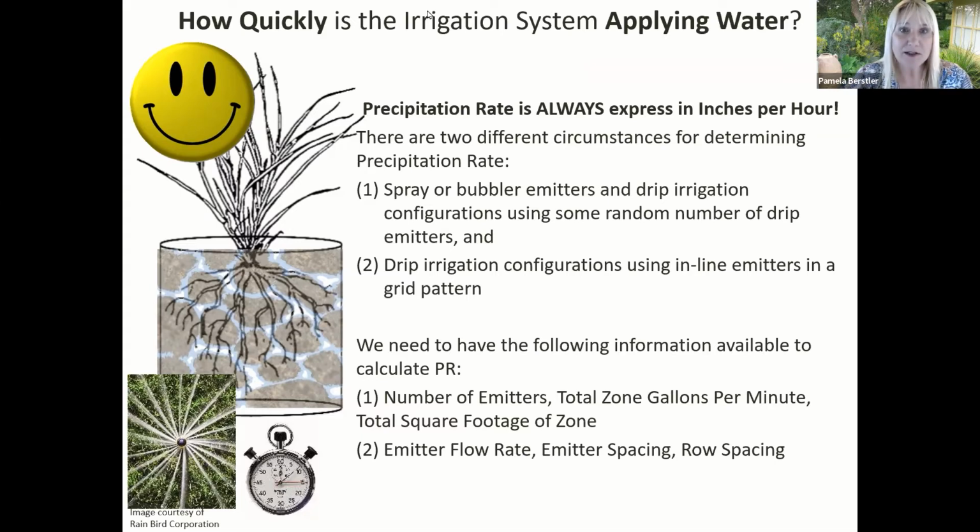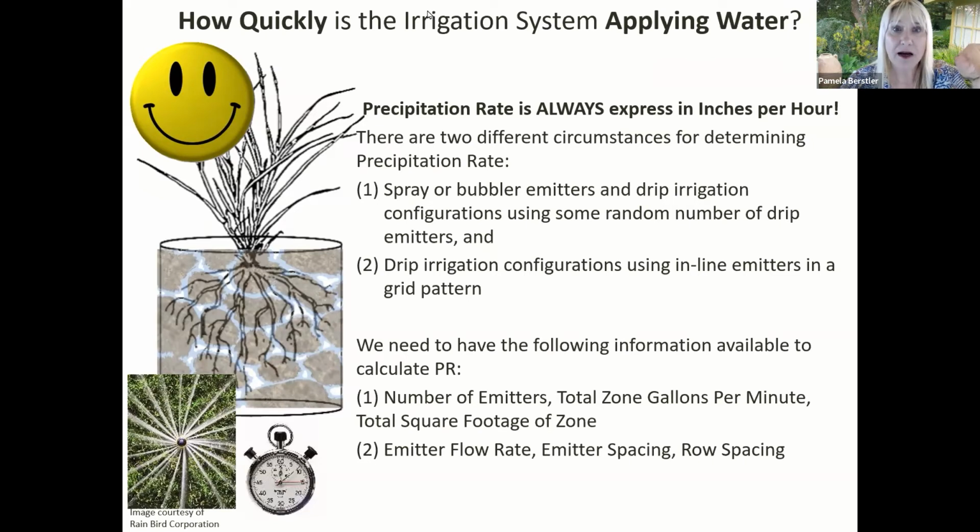And there are basically 2 scenarios for calculating precipitation rate. One scenario is when you have individual emitters emitting water. And those individual emitters could be spray emitters, or they could be drip emitters in a random pattern in your landscape.